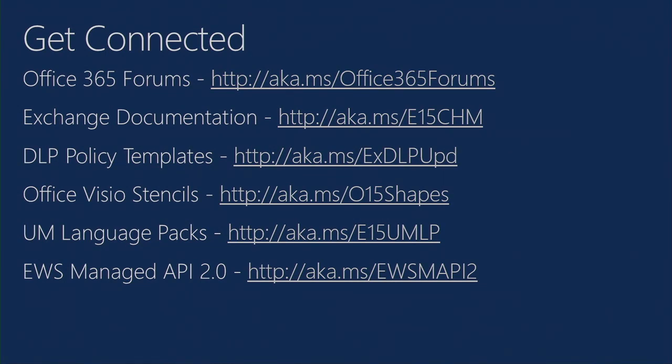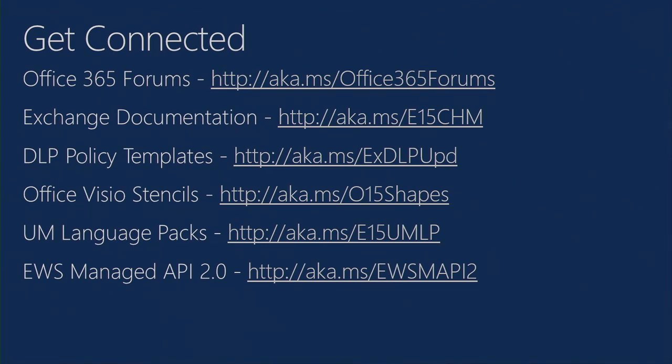DLP policy templates. For those of you who got a chance to see Bharat's compliance session, he talked about and showed some of the DLP policy templates that are built into Exchange. Well, there are also some updates to those that you'll want to go and get if you're using DLP, and you can go to that link to get them. Office Visio stencils, those are handy for those of you who have to create network diagrams and want to include the new shapes and stencils that we have for Exchange 2013.